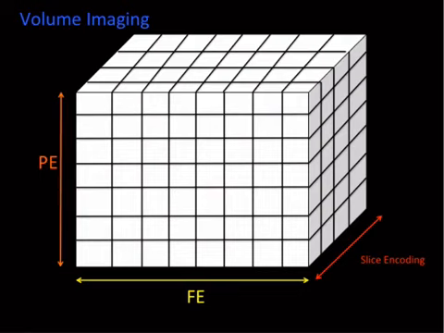It's really good for very small lesions because the slice thickness can be drastically reduced compared to conventional imaging. There's no slice gap. In conventional imaging, the slice thickness affects the signal-to-noise ratio. But in volume imaging, the entire volume of tissue is excited, and the volume contains no gap.